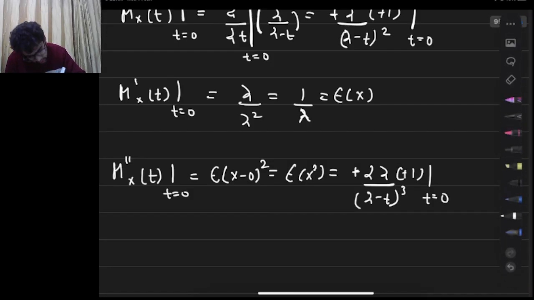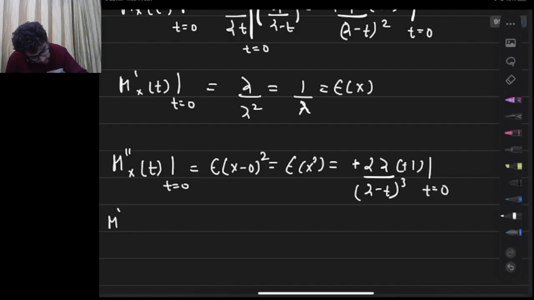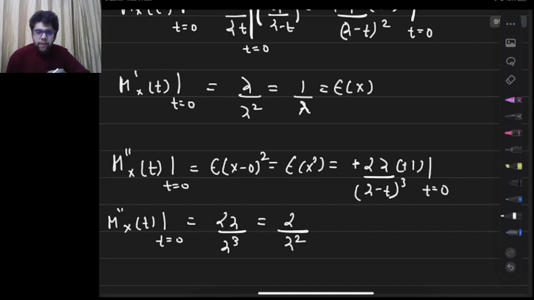So this M double dash X at t equals 0 gives me 2 lambda cube, which becomes 2 upon lambda square.